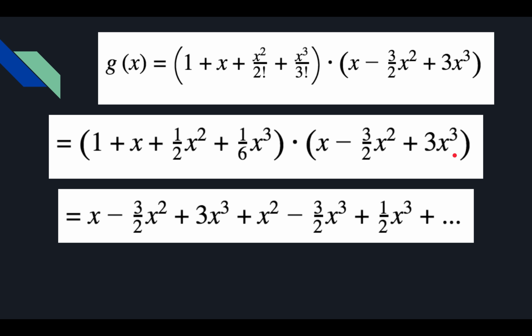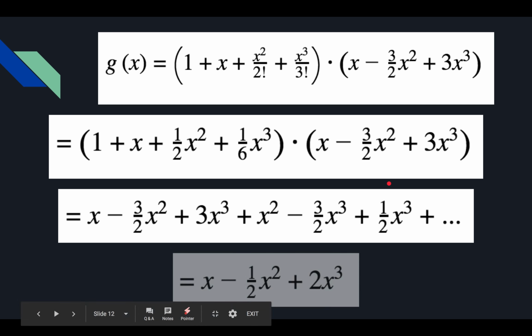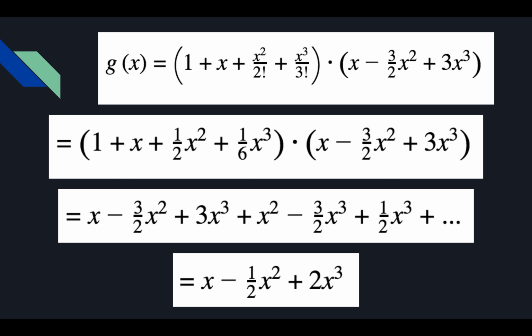But since we're only finding the third degree Taylor polynomial, we don't need to write it because 3x to the fourth is a fourth degree polynomial, and that will not be included in our final answer. Simplifying all of the correct numbers, which are listed here, we get that g of x is x minus 1/2 x squared plus 2x cubed.